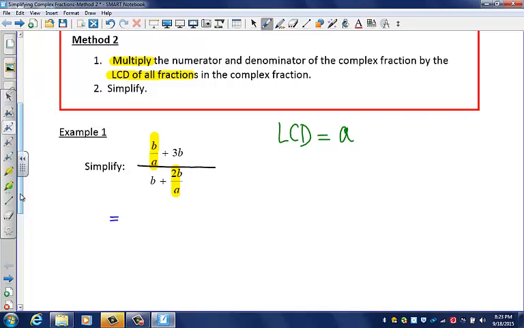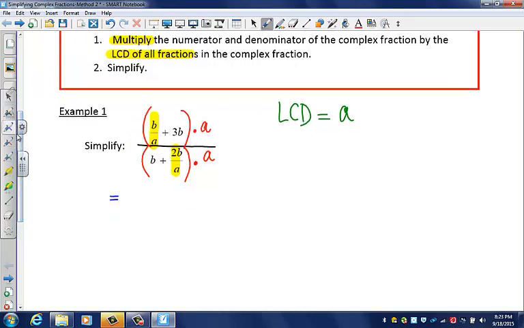So what I'm going to do then is multiply everything in the numerator, that's why I'm putting parentheses so I remember, and everything in the denominator by a. I typically like to go ahead and distribute that a and write it next to each term so I don't miss anything.